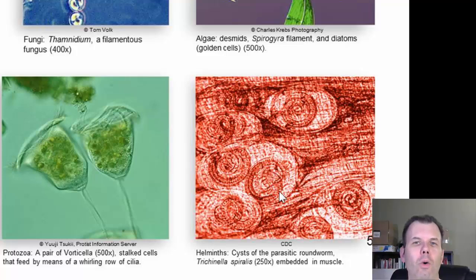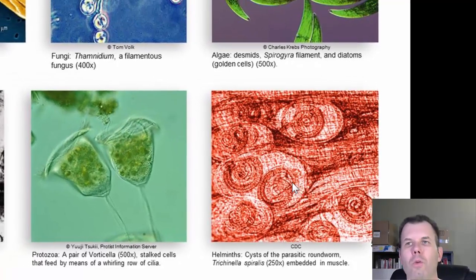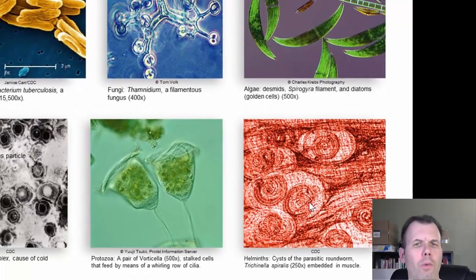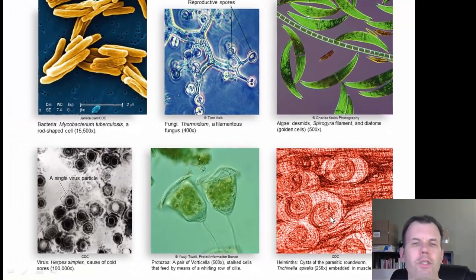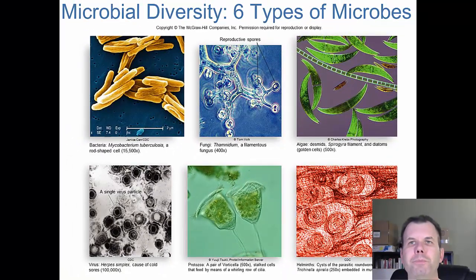This worm actually leaves the intestine, goes into the muscle, and cysts there, and can cause problems. We're seeing this more and more in the southwest United States from meat that's imported from Central America and Mexico, and people are getting these infections from eating undercooked or raw meats. Again, we'll discuss more about this in chapters 23 and 24.